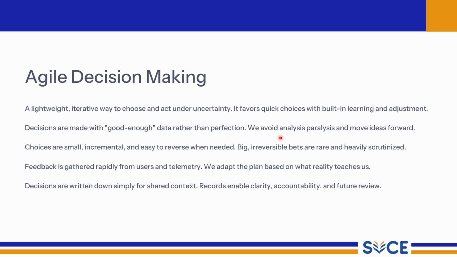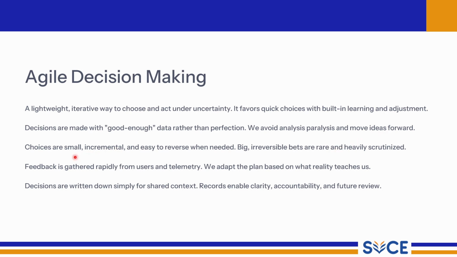We avoid analysis paralysis and move ideas forward. Instead of waiting forever for perfect data, we move ahead with the data that's good enough. Progress beats paralysis. So, progress over perfection.